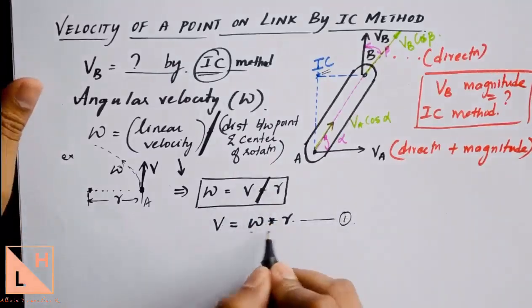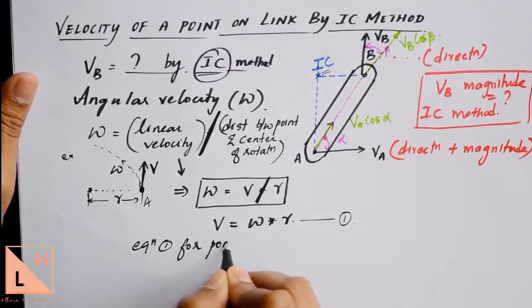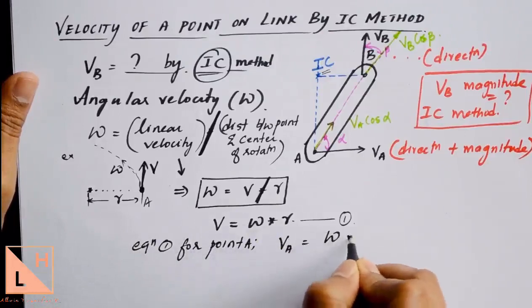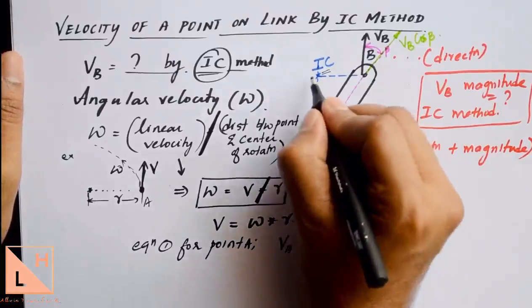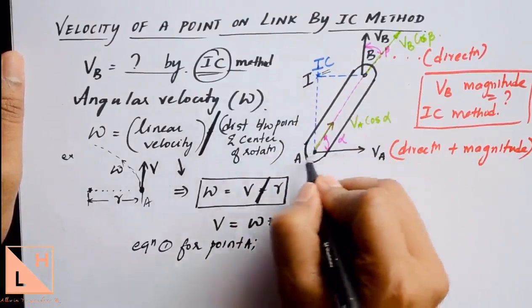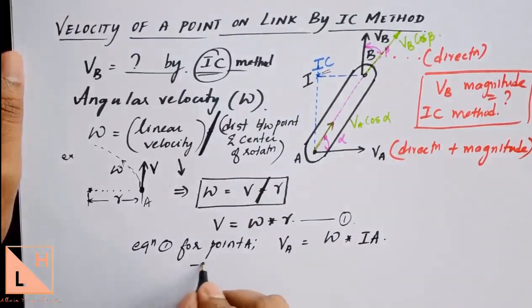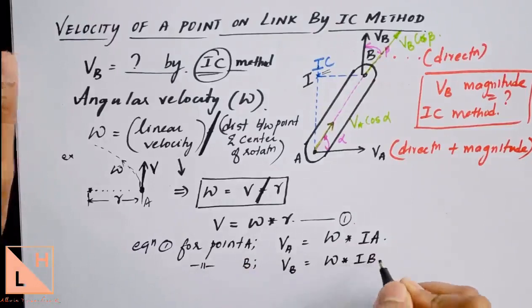Now when we apply this equation 1 with respect to point A, Va equals omega into the radius of rotation for point A, which is from the point I to A. This is the radius of rotation for point A. So we will get omega into Ia. Similarly, when we write it for point B, you are going to get the value of Vb as omega multiplied by Ib.